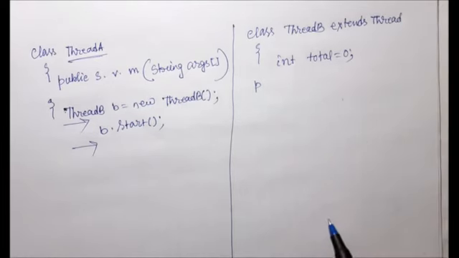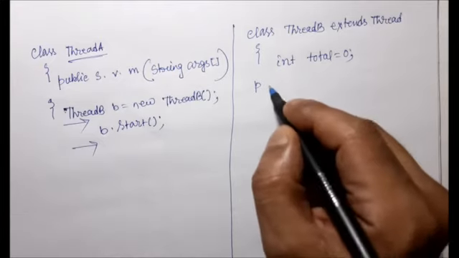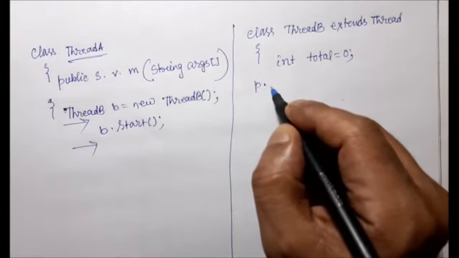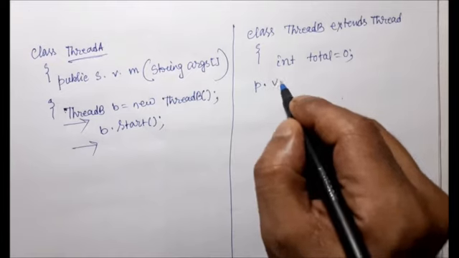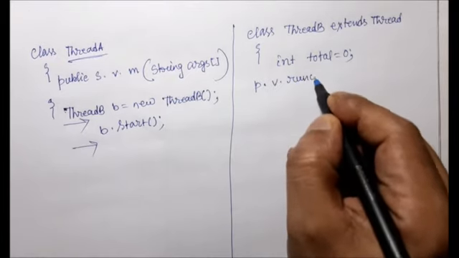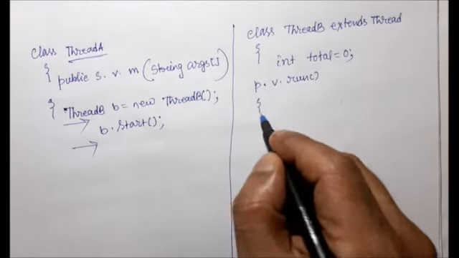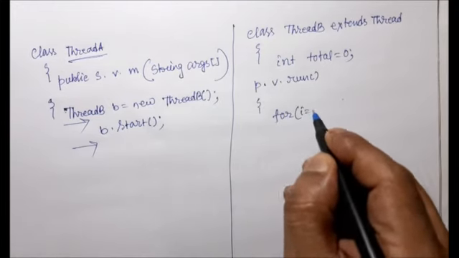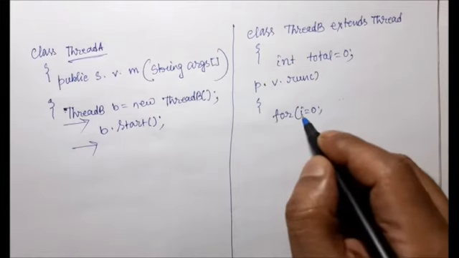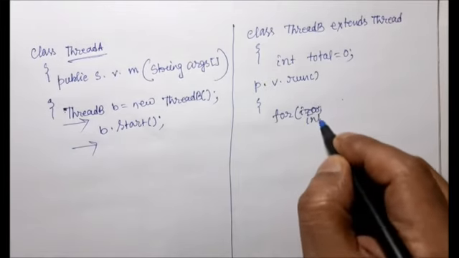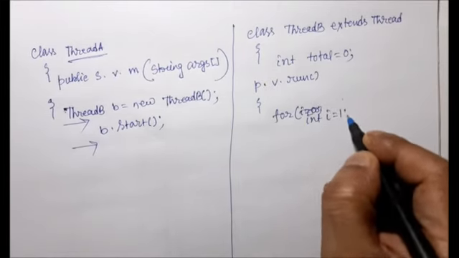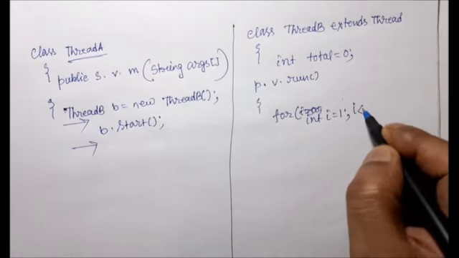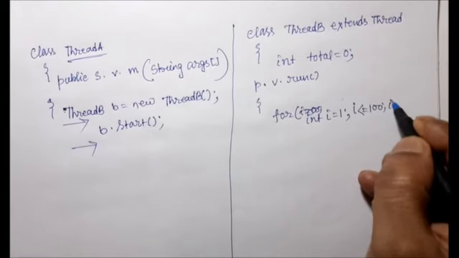So class ThreadB extends Thread class. Within that we have to override the run method, public void run. Within the run method, suppose I am taking a for loop where int i equal to 1 and i less than or equal to 100, i plus plus.